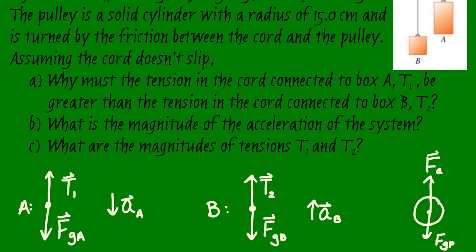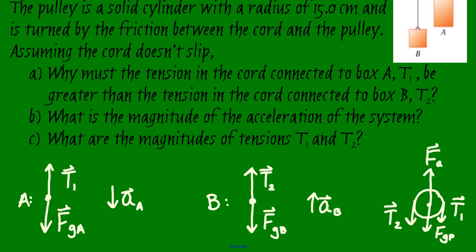Those both act at the axis of rotation. And then there are two tensions, and we draw those tensions at the point where the string leaves the pulley. So we have T1 pulling it downward on the right-hand side, and T2 pulling it downward on the left-hand side. I've now drawn my two free body diagrams and my force diagram.